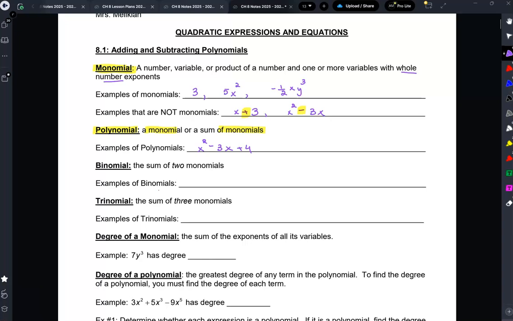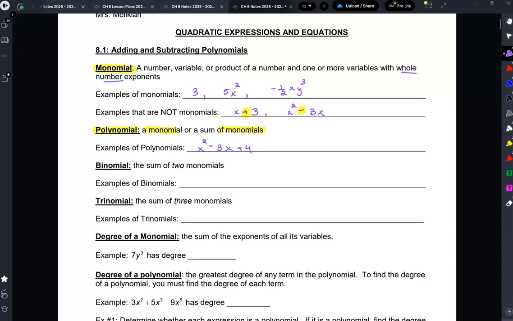This is now a polynomial, okay? So if you look here, each addition or subtraction separates what we call terms. So here, the minus and the plus separate terms from each other. Let's count how many terms I have: the x squared, the 3x, the 4. So I have 3 monomials. They're added or subtracted to become a polynomial.